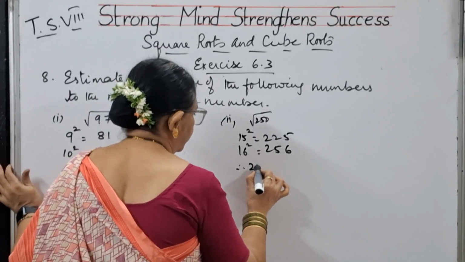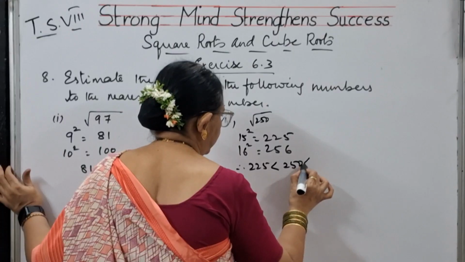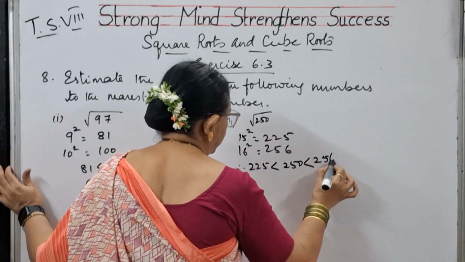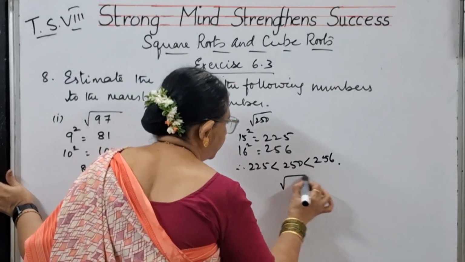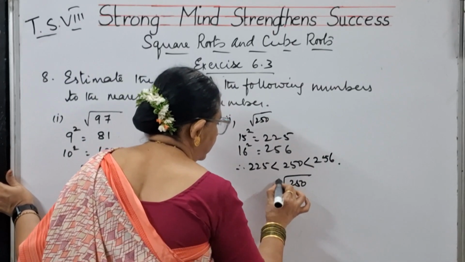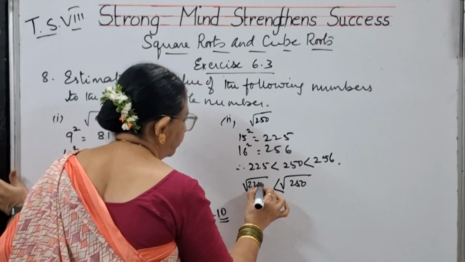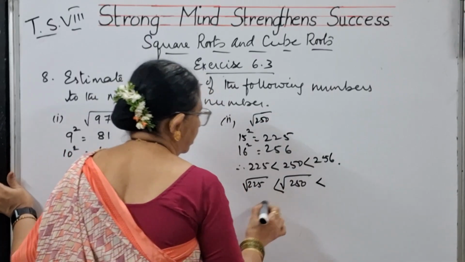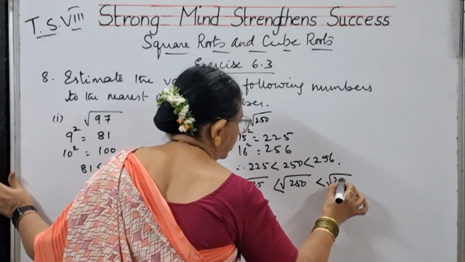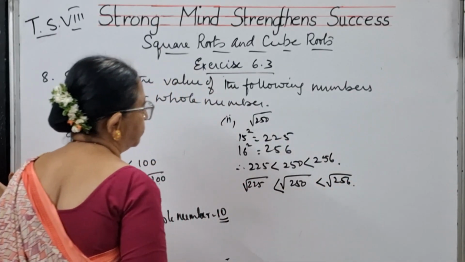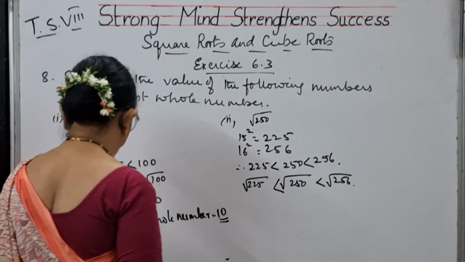Therefore, 225 is less than 250, which is less than 256. So root of 250 is greater than root of 225 and less than root of 256. So, let us find out what this is.